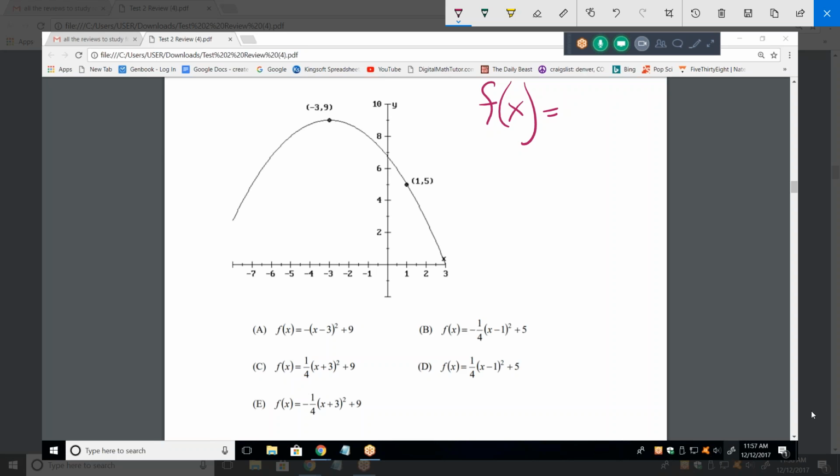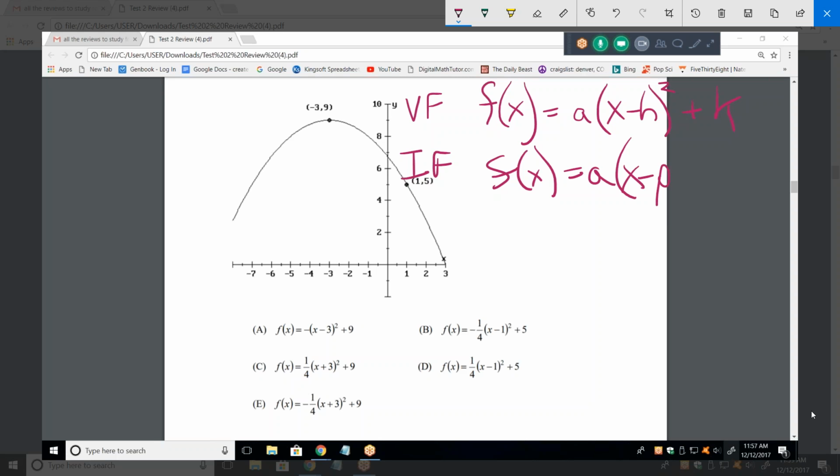What's the general formula for vertex format? X minus x1. Nope, that's intercept format. Intercept format is f of x equals, same a, x minus p, x minus q.